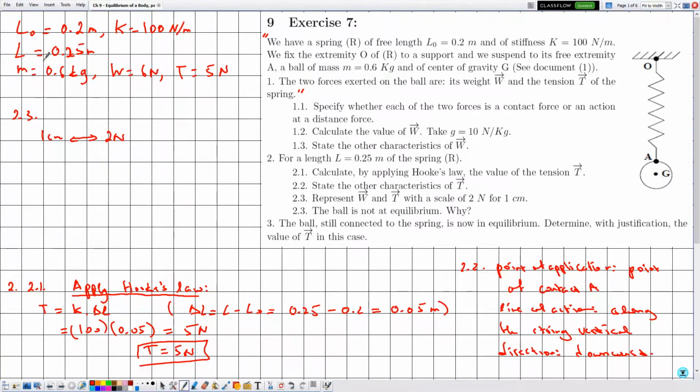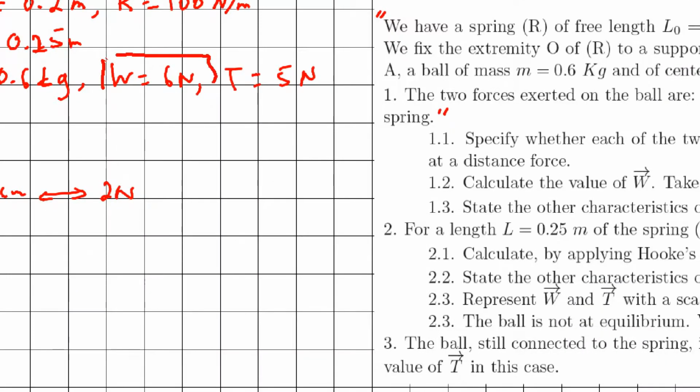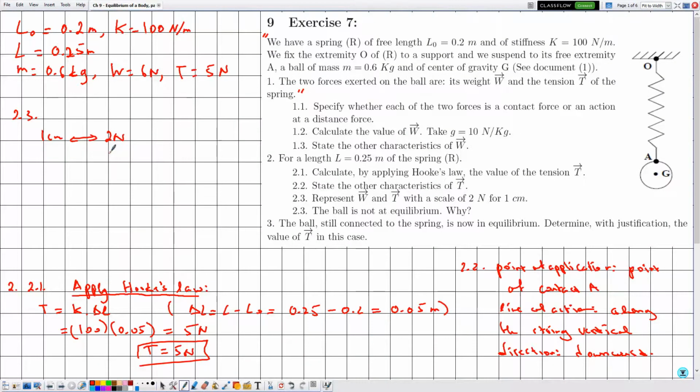First let's determine the length of the weight. So 60 newtons, what is the length of the weight? Now we can cross-multiply: 60 multiplied by 1 divided by 2, this is equal to 30 centimeters.